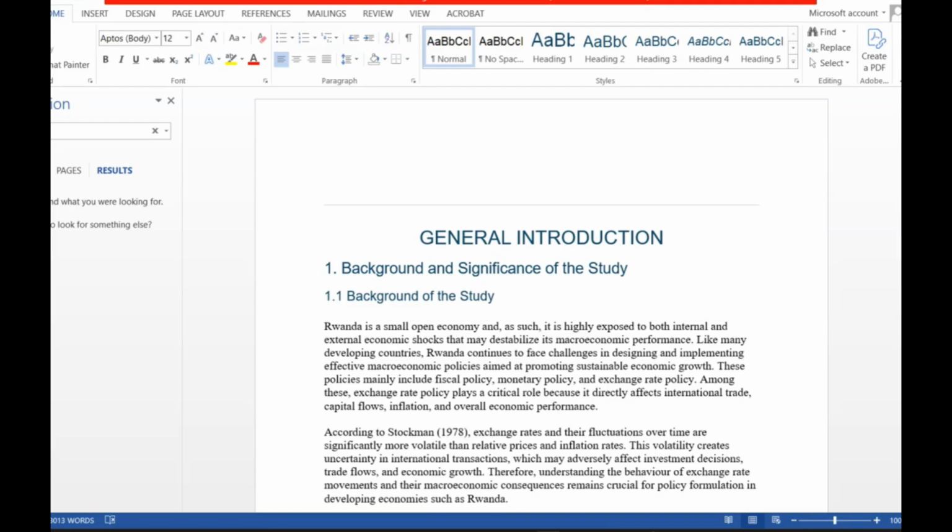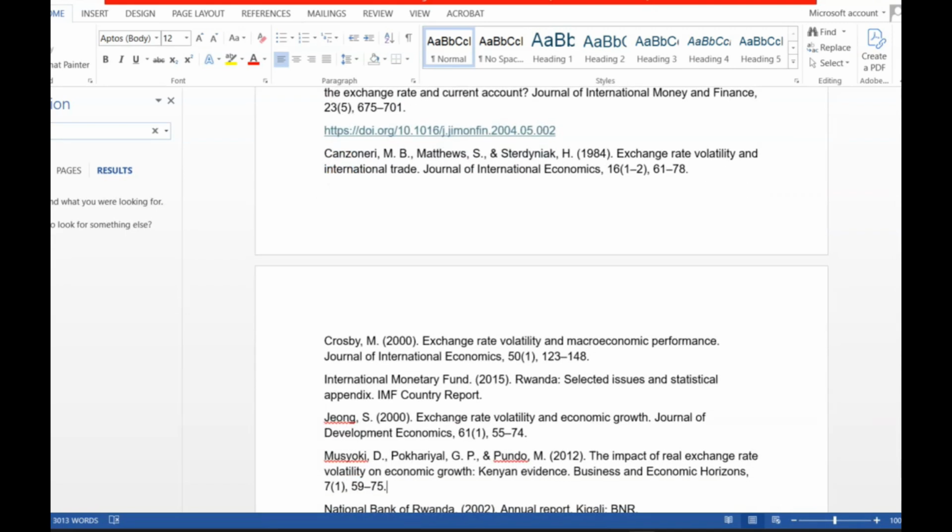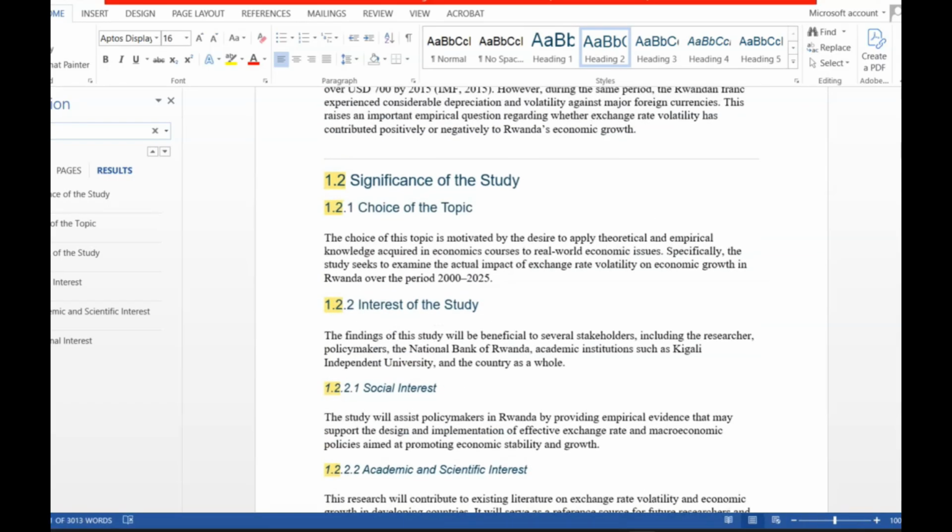Let me see another comment. Can you see section 1.2?